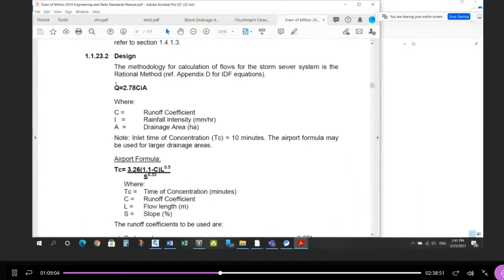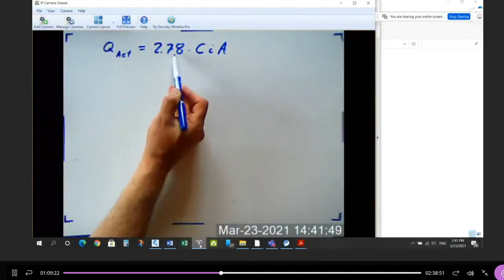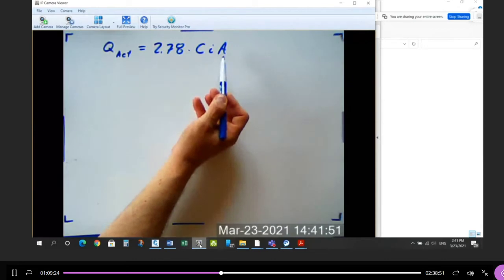So this is the expected flow. So Q actual is going to be defined by this formula here. 2.78 times C, the runoff coefficient, times I, the intensity, times A, the area in hectares. Okay, so that's what I've got here. All right, 2.78 times CIA.